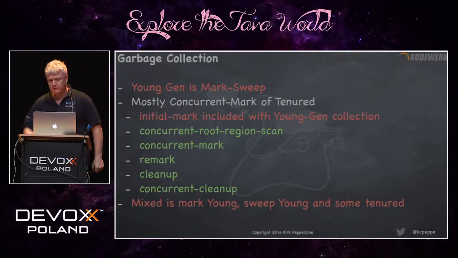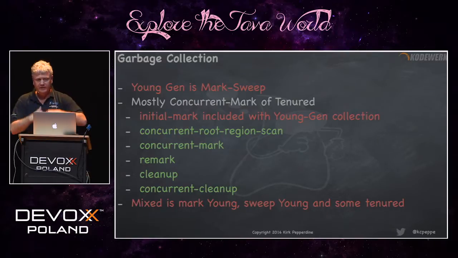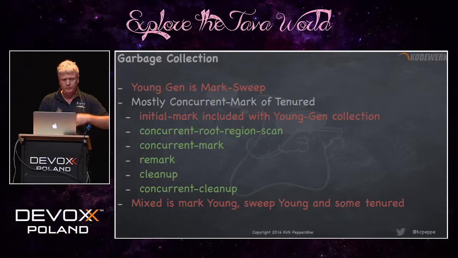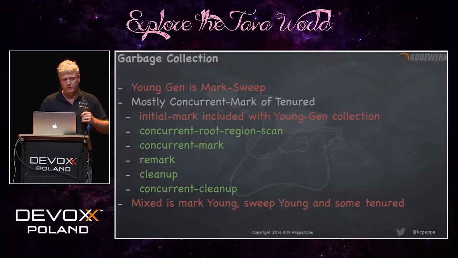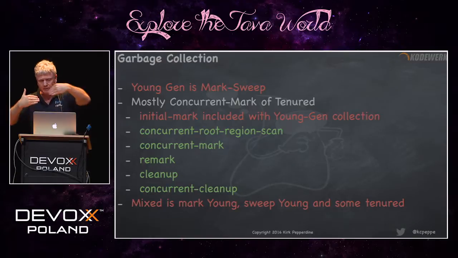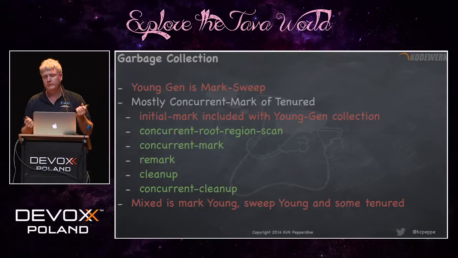First thing I need to do is a scan for roots. Once I find the root sets, then I can do the initial mark, which means that I'm going to internalize all of my external pointers, because my external pointer set is really my GC roots for each of the regions.